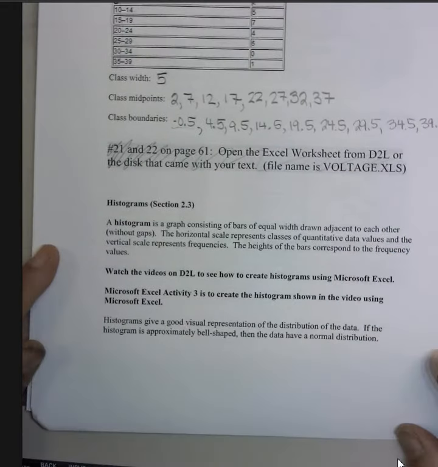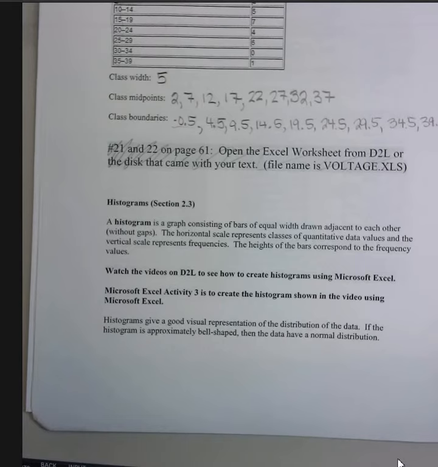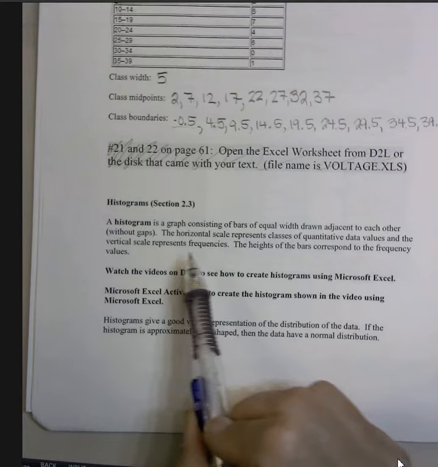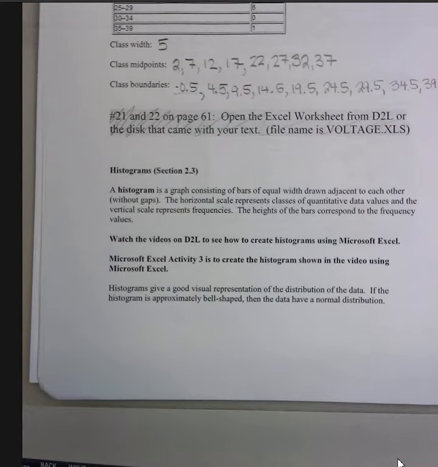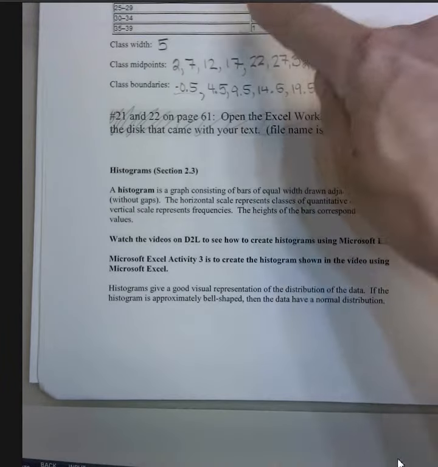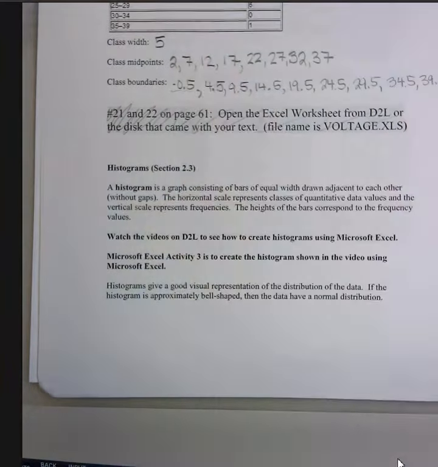Okay, histograms, section 2.3, and we did some of that yesterday. A histogram is a graph consisting of bars, and here's one important feature that I didn't really stress yesterday: the bars have to be equal width. Now, we automatically do get equal width when we base everything on the class width.